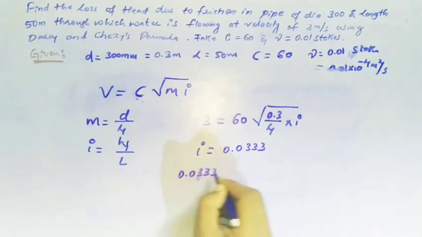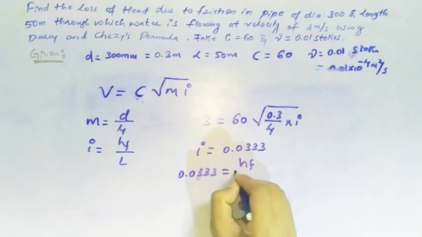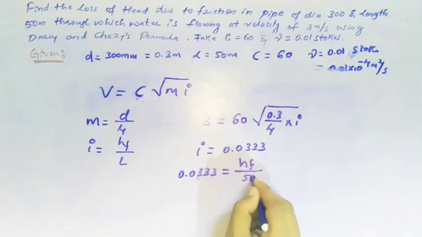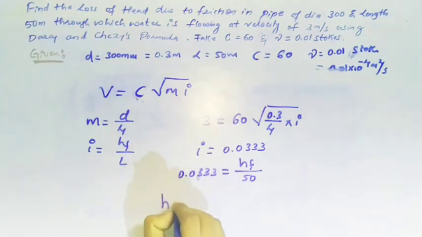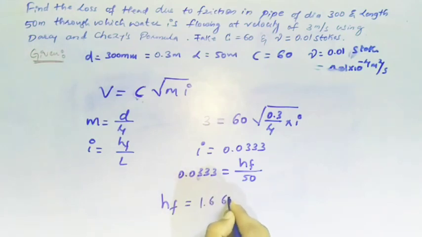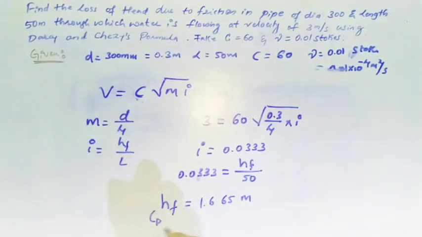Now if I substitute this I in this equation, 0.033 will be equal to HF divided by length, which is 50. If you cross multiply, you will get HF equal to 1.665 meter. This is the head loss due to friction by using the Chezy formula.